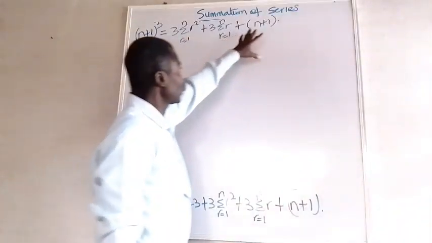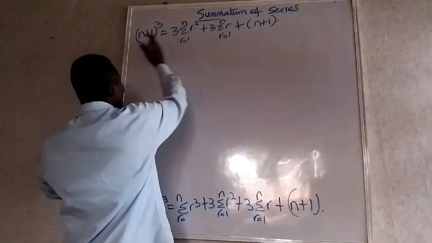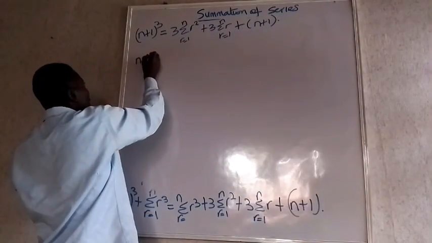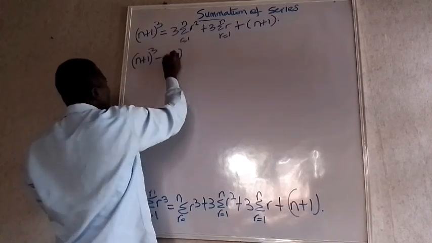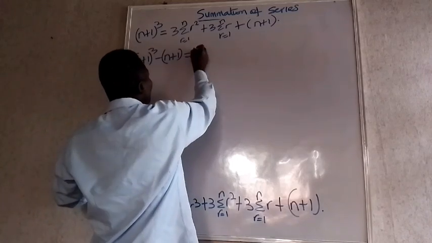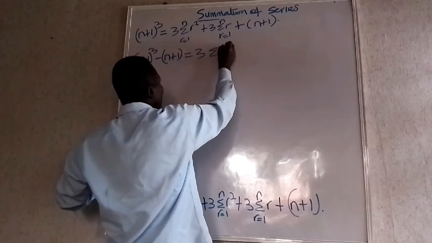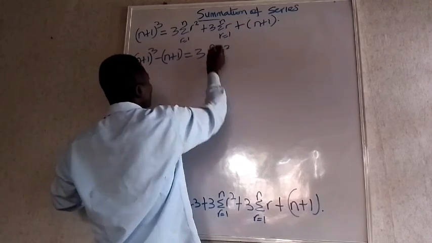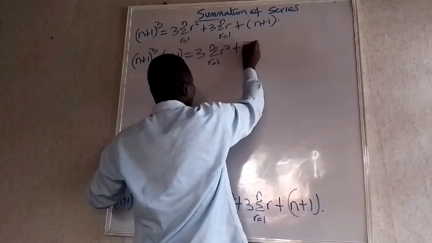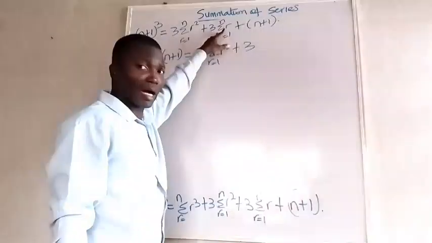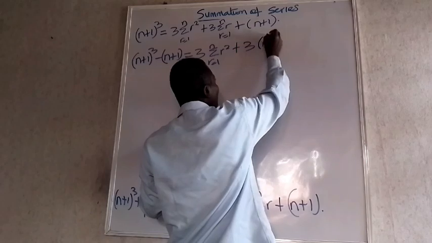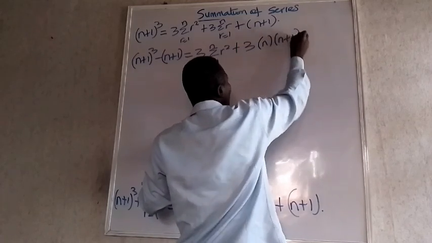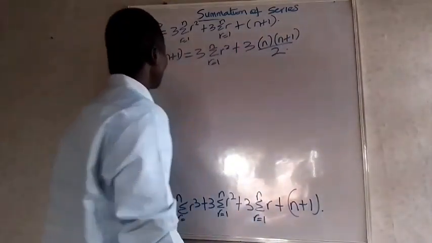This one, you can see, I can bring out and say n plus 1 cubed minus n plus 1 is equal to 3 summation r squared from r equals 1 to n plus 3. You know the expression for summation r from 1 to n is equal to n into n plus 1 over 2. Remember.